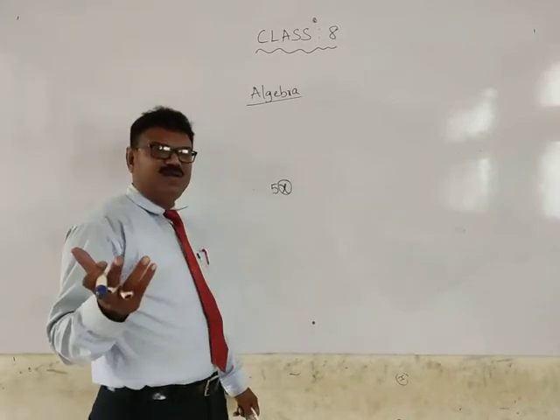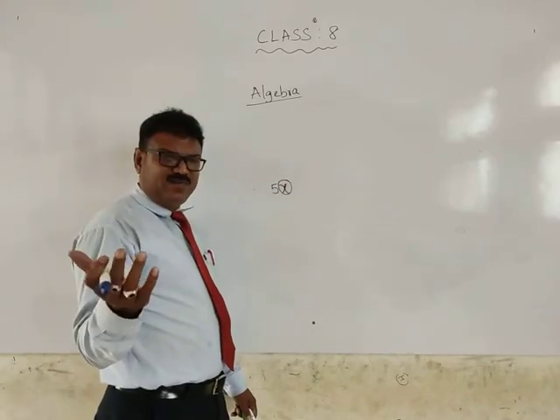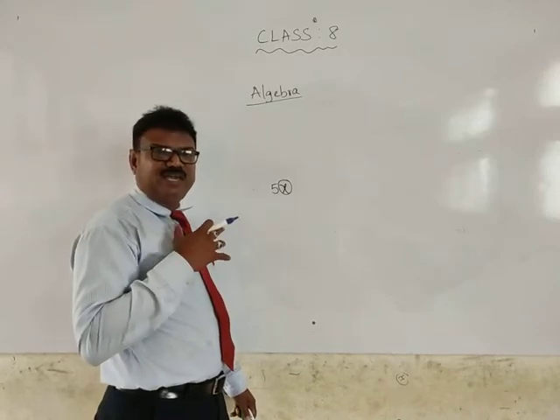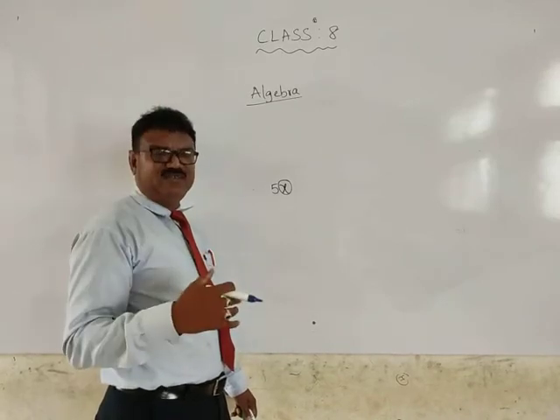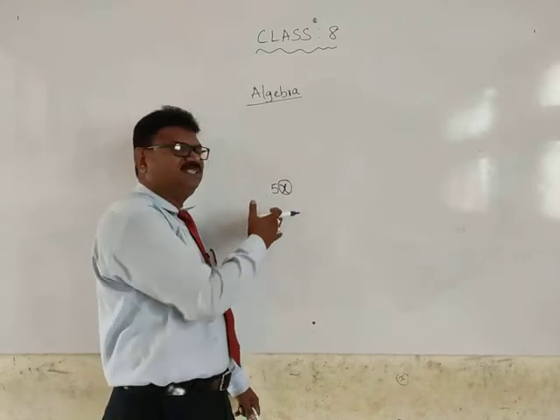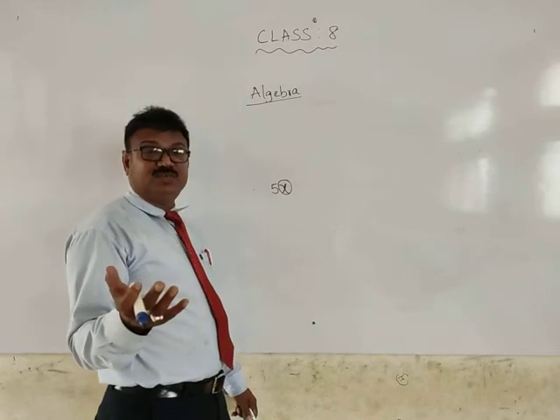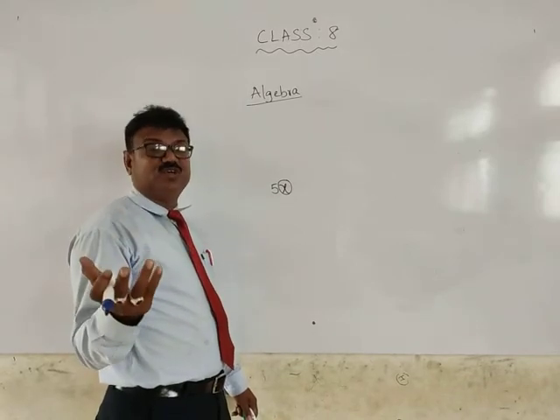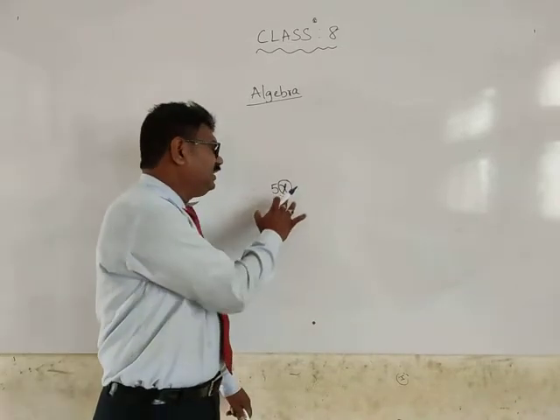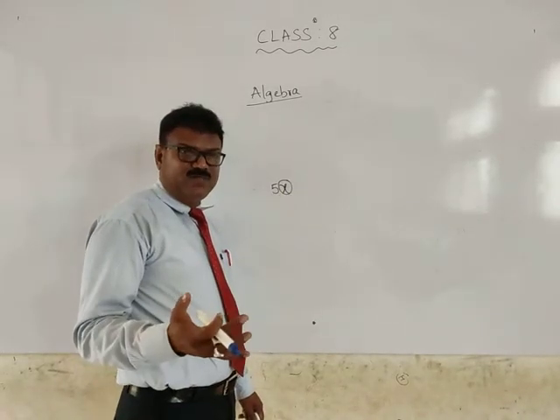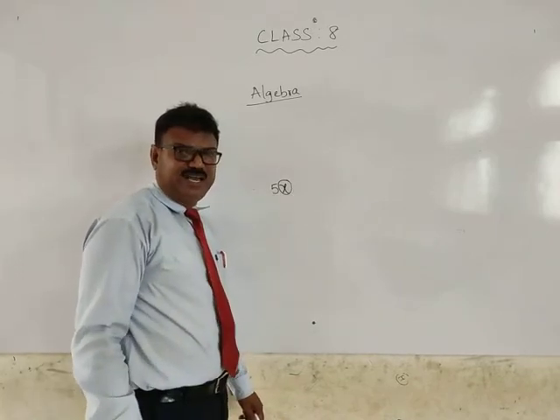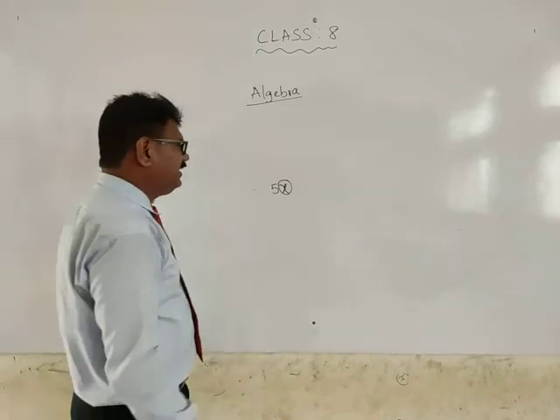X may be table, x may be mobile, x may be your pen, x may be your shirt, x may be your fan, whatever you are using in your home, or x may be the bench where you are sitting, or a chair also, whatever you want, because x is nothing but a variable. Variable means what? Always it will be changing only. Clear?